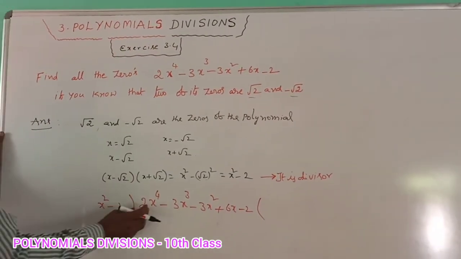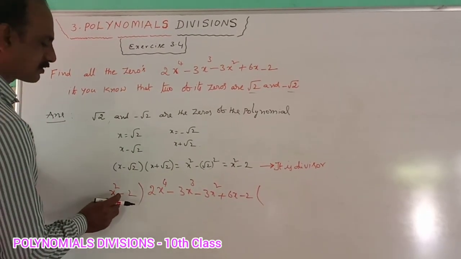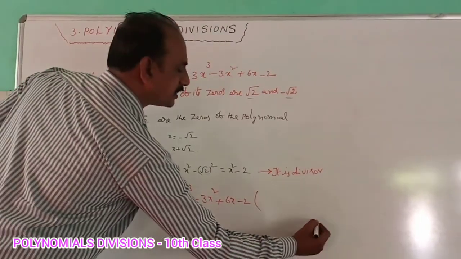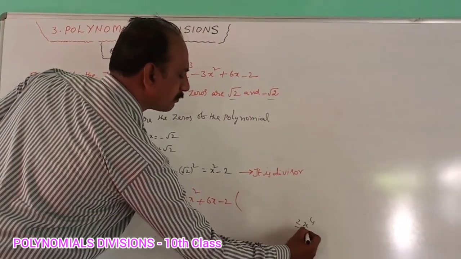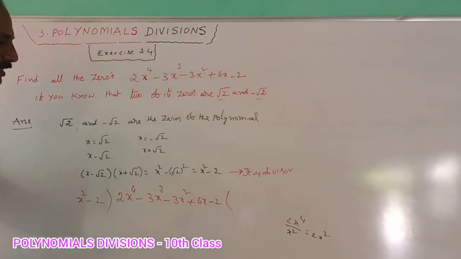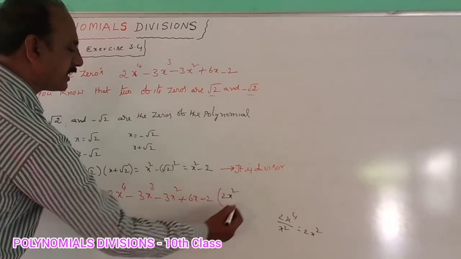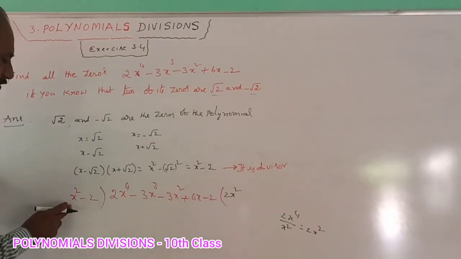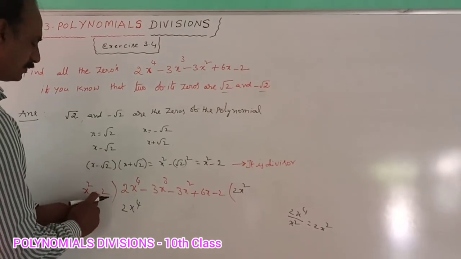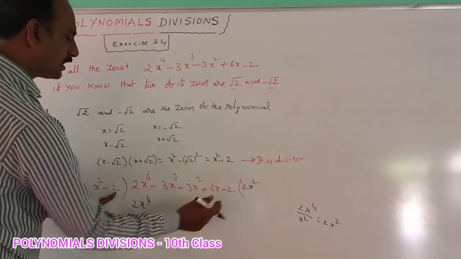Here x square, it is 2x to the power 4. 2x to the power 4 by x square: how many times x square goes into 2x to the power 4? Check once. 2x to the power 4 by x square is equal to 2x square. So 2x square into x square is 2x to the power of 4. Minus into plus, minus 2 into 2x square is 4x square.